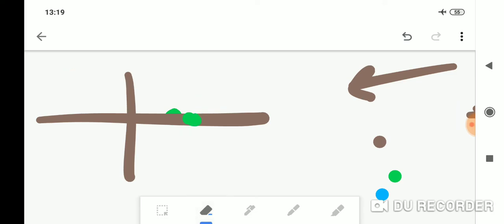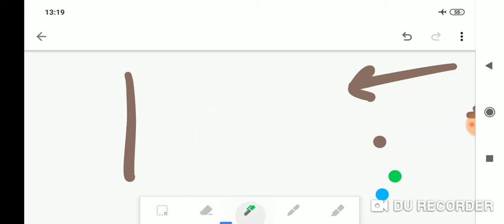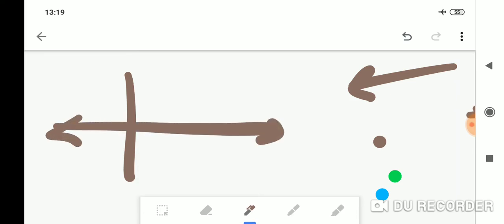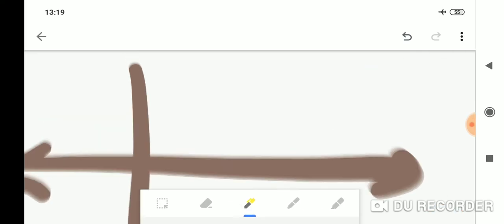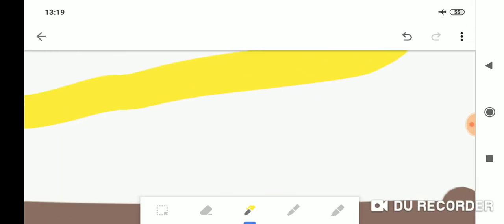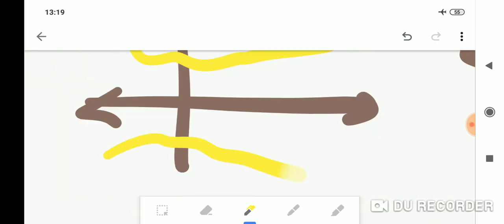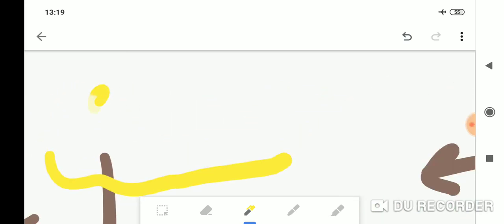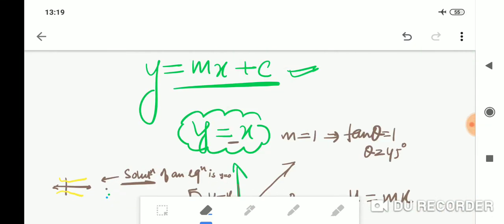Even there may be some graphs like this that never cross the x-axis, or a graph like this that never crosses the x-axis, so their solutions are imaginary.